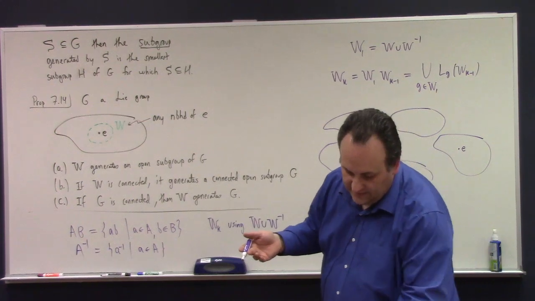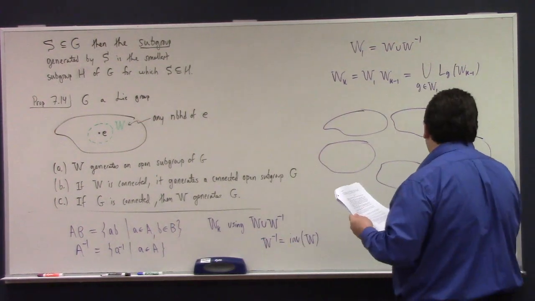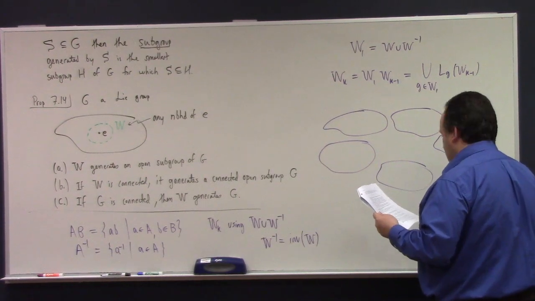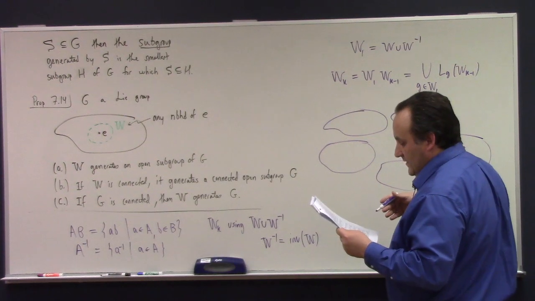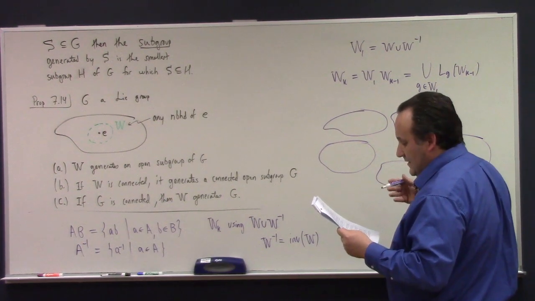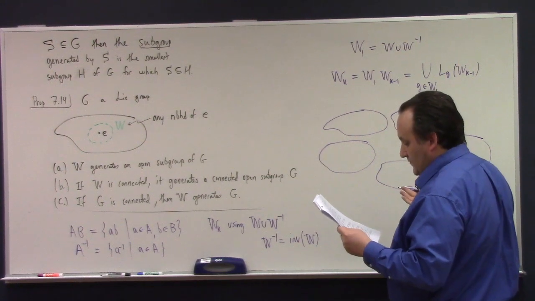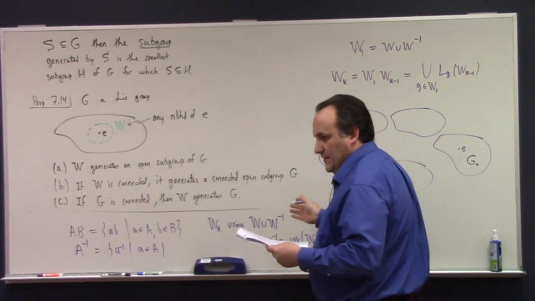Proposition 7.15 says let G be a Lie group and let G naught be its identity component. So this is G naught, all right? He says then G naught is a normal subgroup of G, and it is the only connected open subgroup. So this is a topological result.